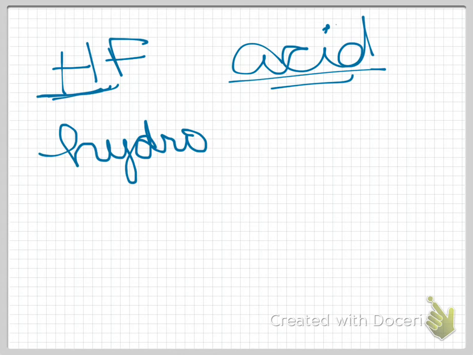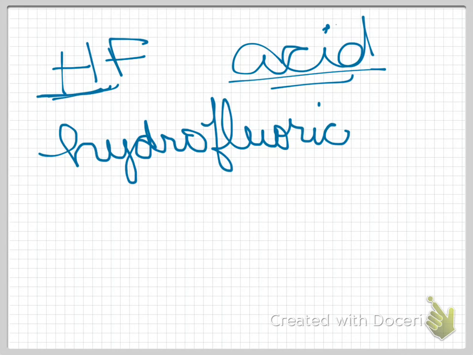So fluorine becomes fluoric. And then I'm going to write the word acid. And all binary acids are named the same way. So if it's HCl, that's a binary acid. I'm going to name it hydro, and then chlorine becomes chloric acid, hydrochloric acid, and so forth.